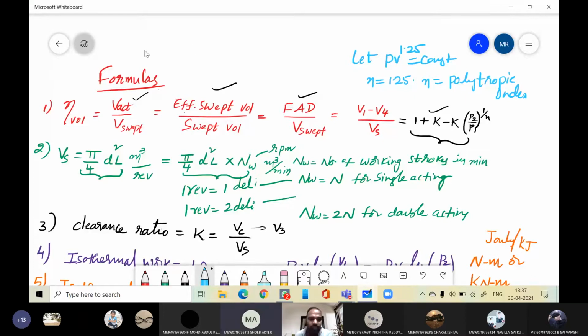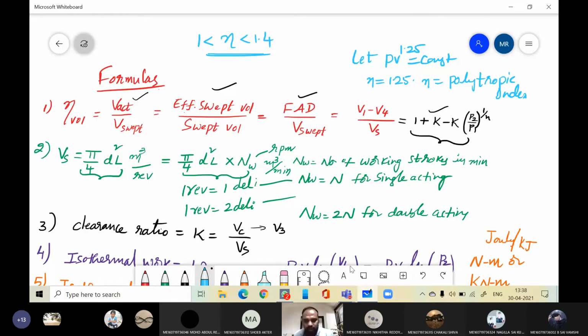So n is less than 1.4 but greater than 1, correct. Because if n is equal to 1, it will become isothermal, and if n is equal to 1.4, it will become adiabatic. Means the n value will be between 1 and 1.4.